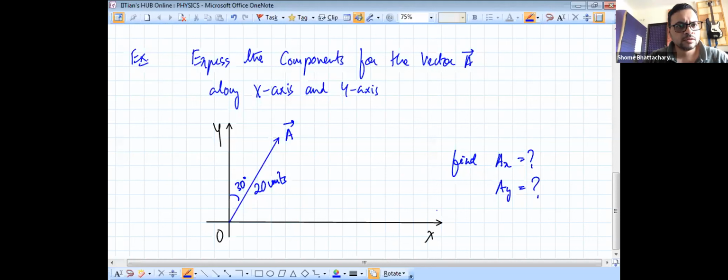Dhyaneshwar, now your x component is correct.